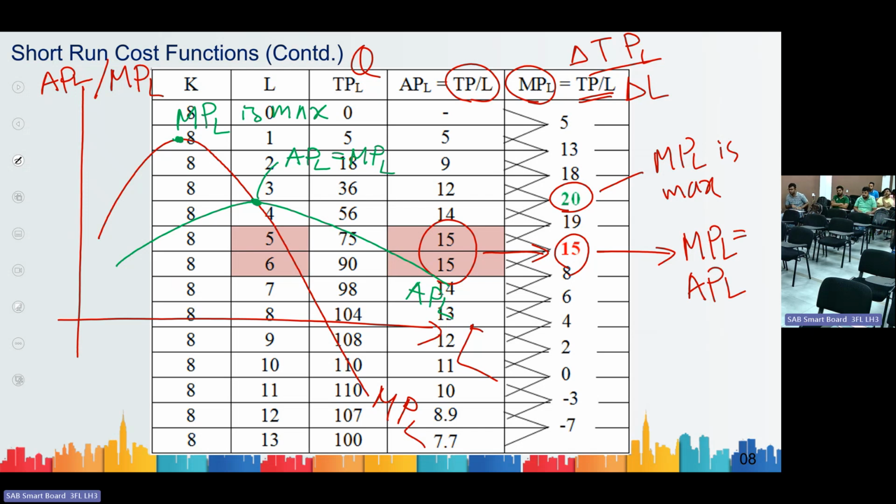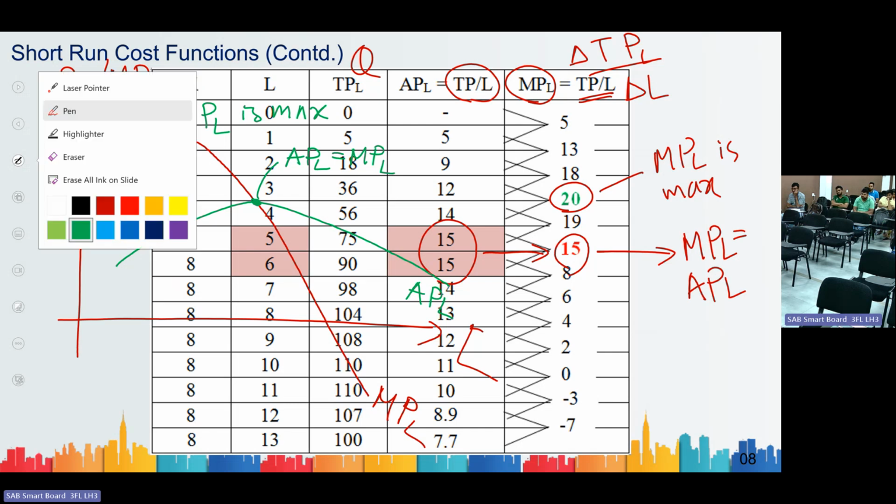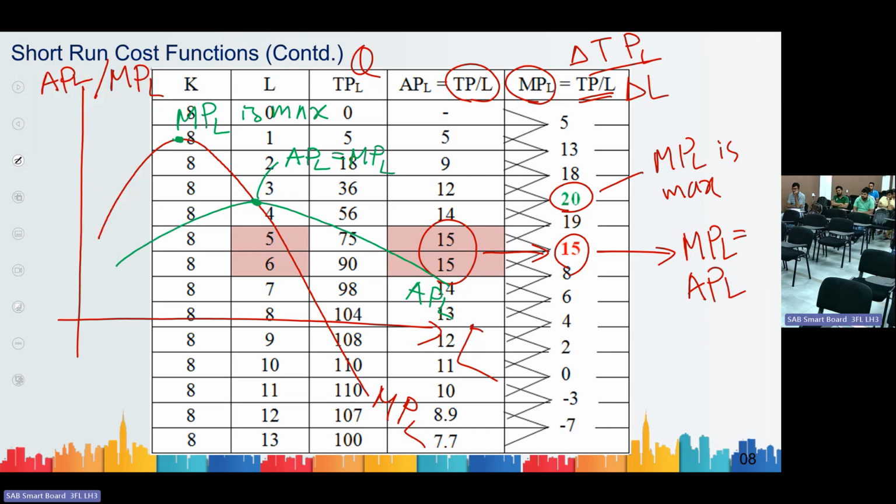So now we are going to link these production concepts to cost concepts. Marginal product of labor and marginal cost are related. This has an inverse U shape.